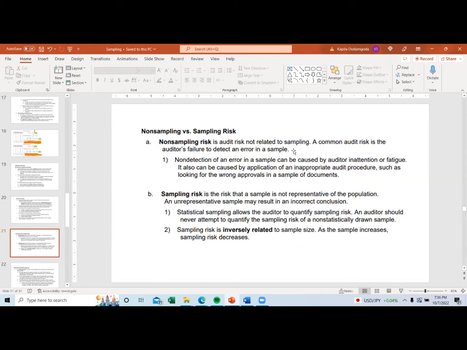For example, we may try to see whether a document is correctly authorized, and to do that, using a right statistical sampling technique, we may pick a right size sample. So the sampling risk is minimized.